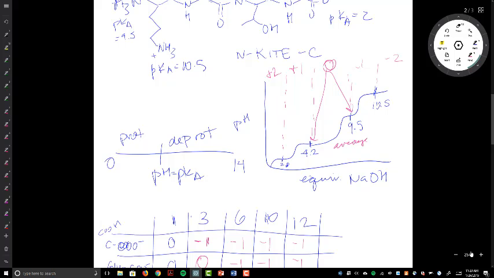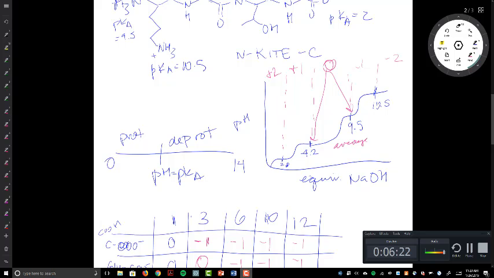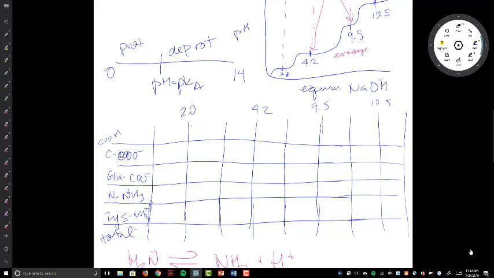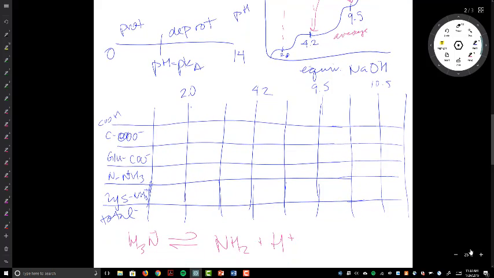If you want still another way of looking at how to think about this, we can take each of the pKa's and figure out what the charge of that group is below and above that pKa. So we start with the carboxylic acid for the C-terminus, which has a pKa of 2.